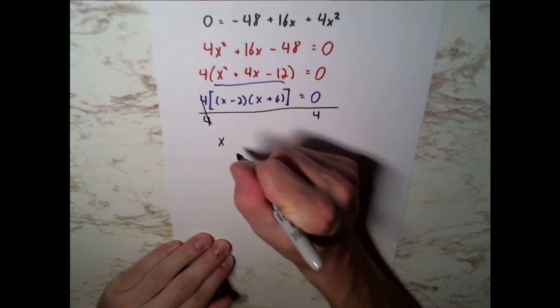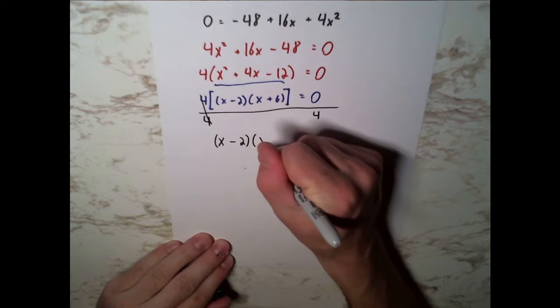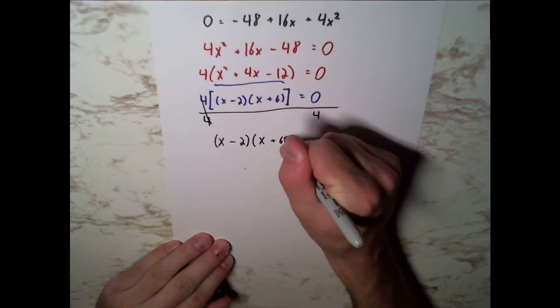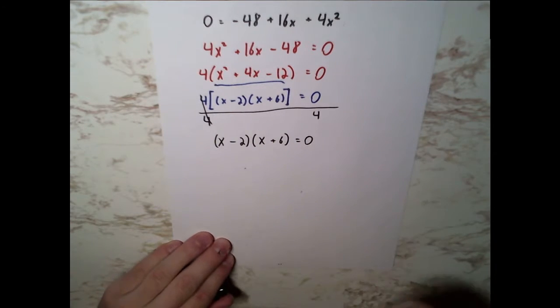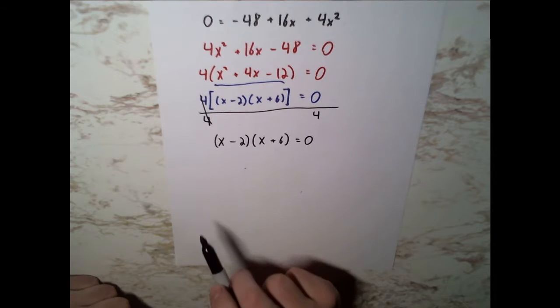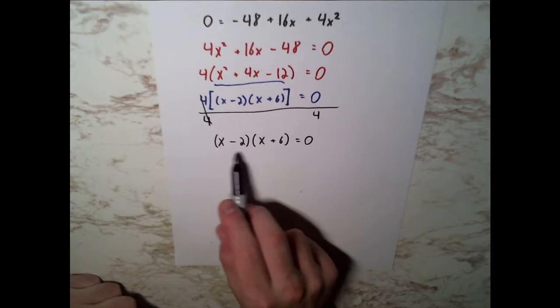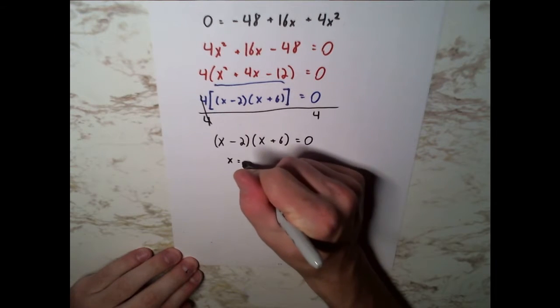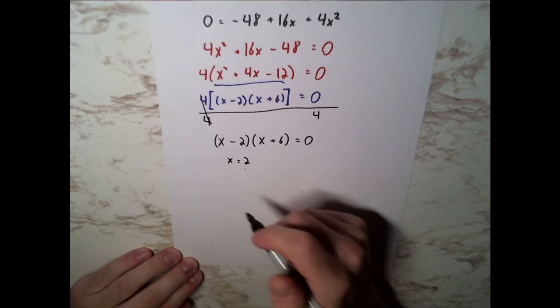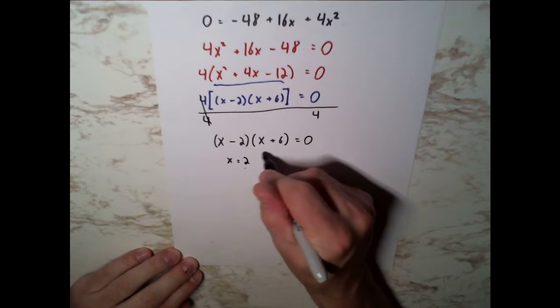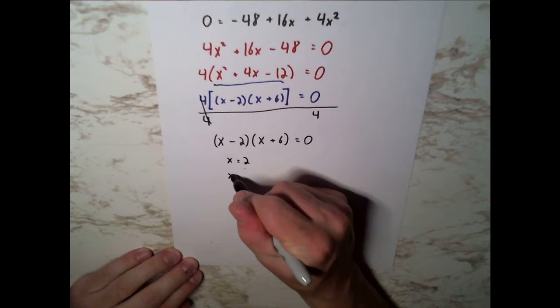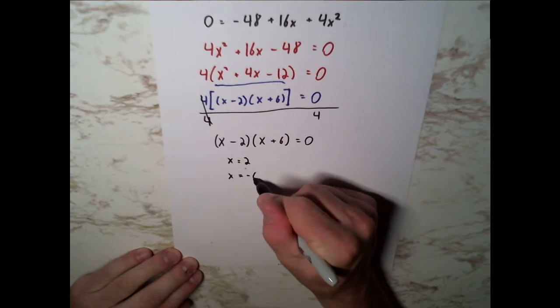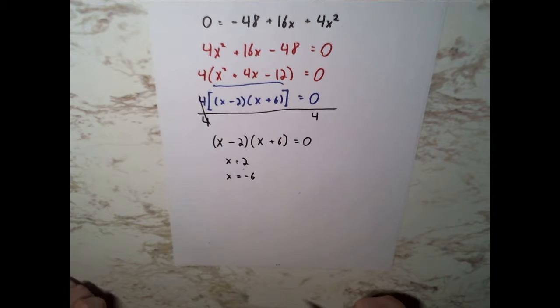So we have x minus 2 times x plus 6 still equals 0. And now we just want to solve for x. So setting this equal to 0, we know one of our solutions is going to be x equals positive 2, and then the other solution, setting this part equal to 0, it's going to be x equals negative 6.